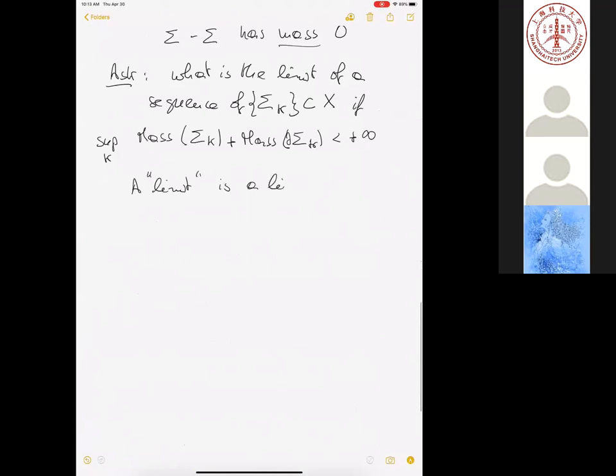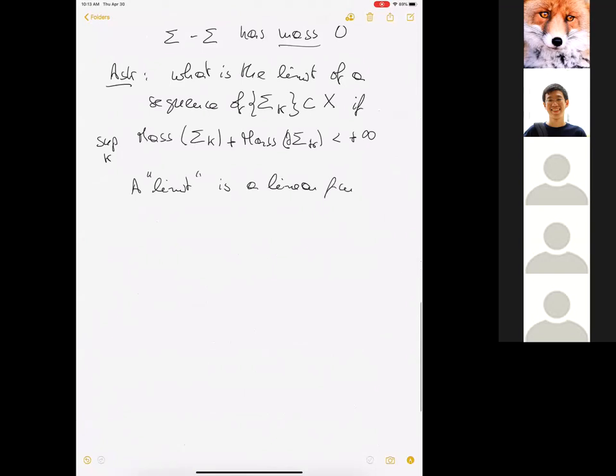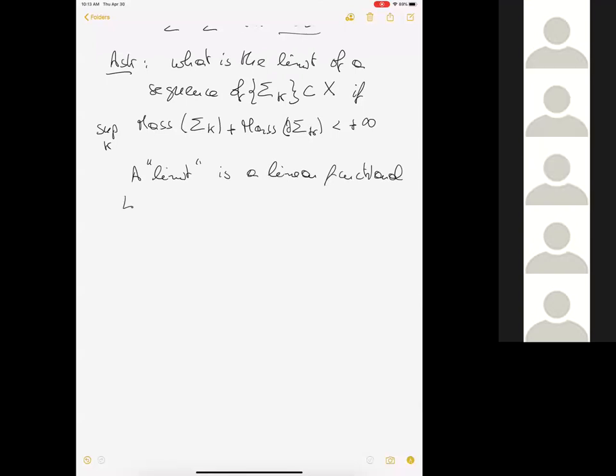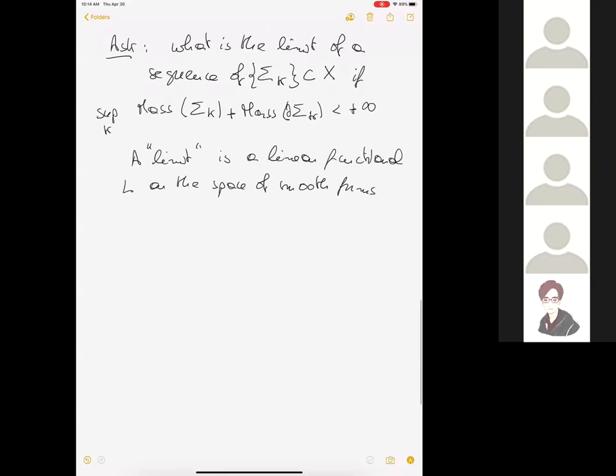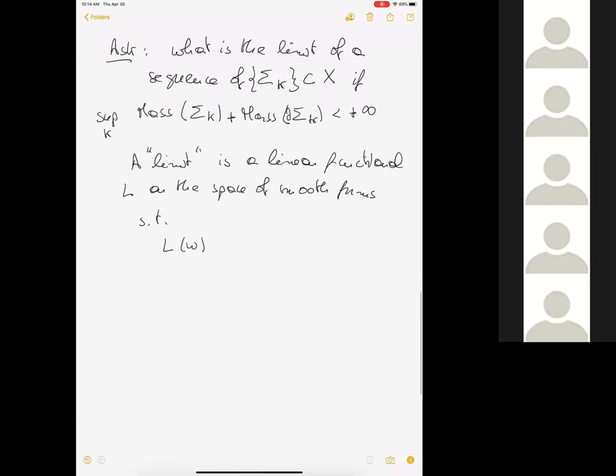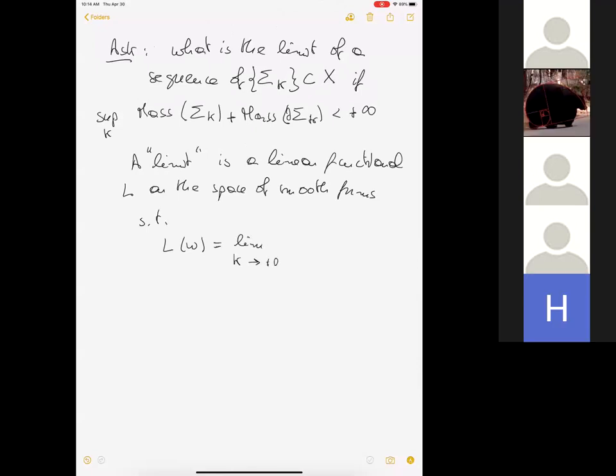A limit is a linear functional L on the space of forms, and I know that I can integrate over the sigma k my form, and I just prescribe that when I evaluate the linear functional on this space of forms omega, this is equal to the limit as k goes to infinity of the integral over sigma k of my form omega.